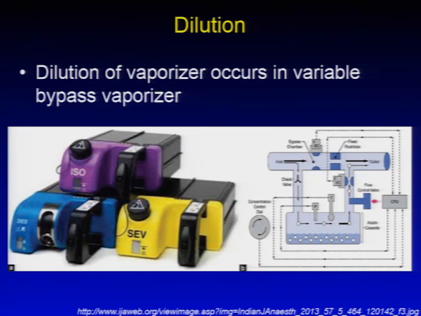From the left side, the inflow gas is coming, and with the dial increase, a portion of the inflow gas goes into the vaporizer system, which carries the saturated vapor. That then joins the bypassed inflow gas and is delivered to the patient. So you can regulate the amount of flow going through the vaporizer. In such a way, you can dose the gas concentration.